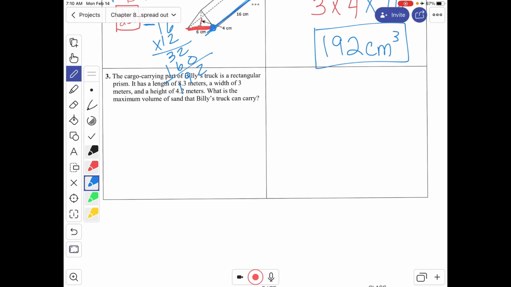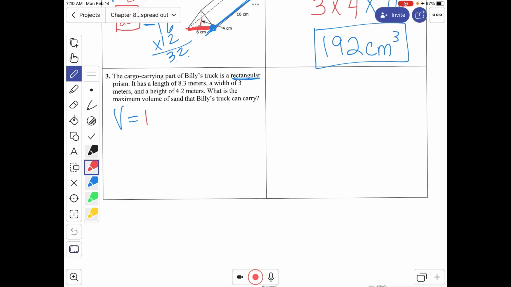Number 3. The cargo carrying part of Billy's truck is a rectangular prism. It has a length of 8.3 meters and a width of 3 meters and a height of 4.2 meters. What is the maximum volume of sand that Billy's truck can carry? Okay, well, this is a rectangle.